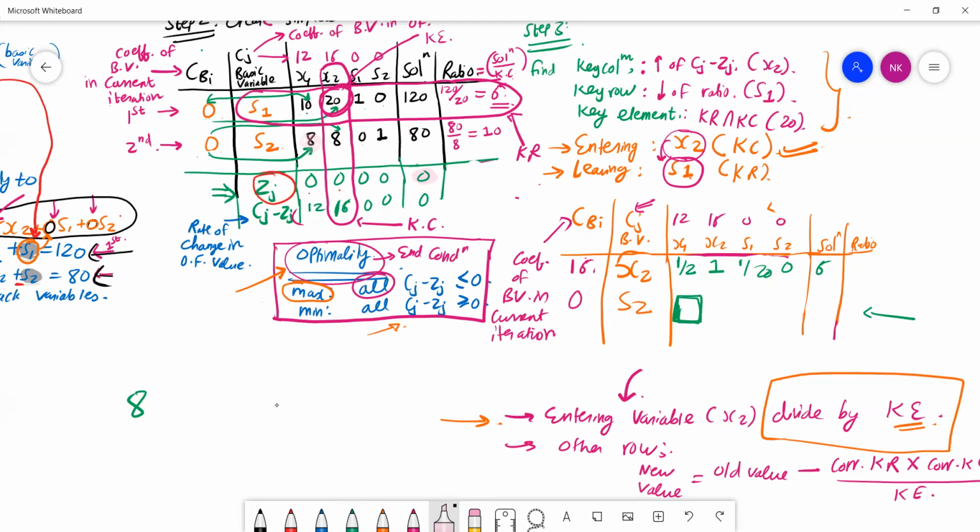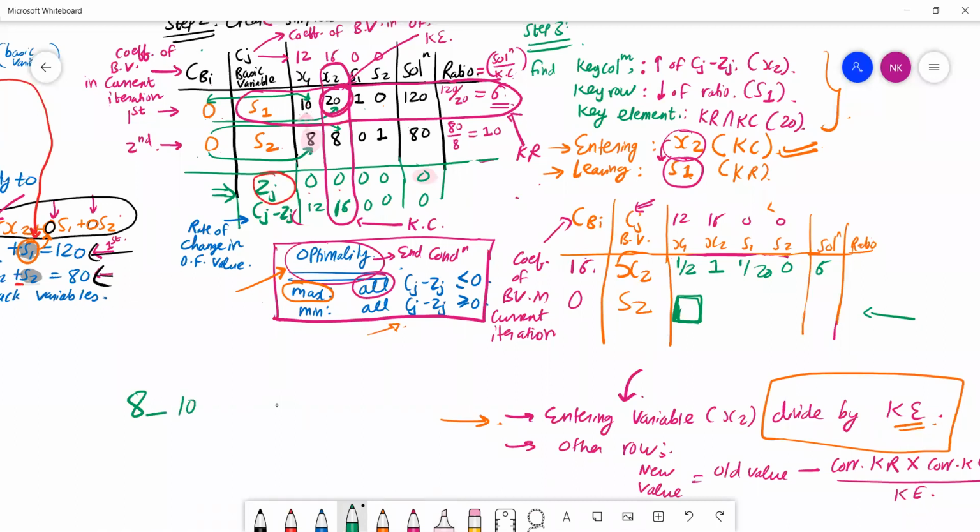It was 8 in our previous step. The corresponding key row value to this 8, if you can see, is 10. So just write over here 10.